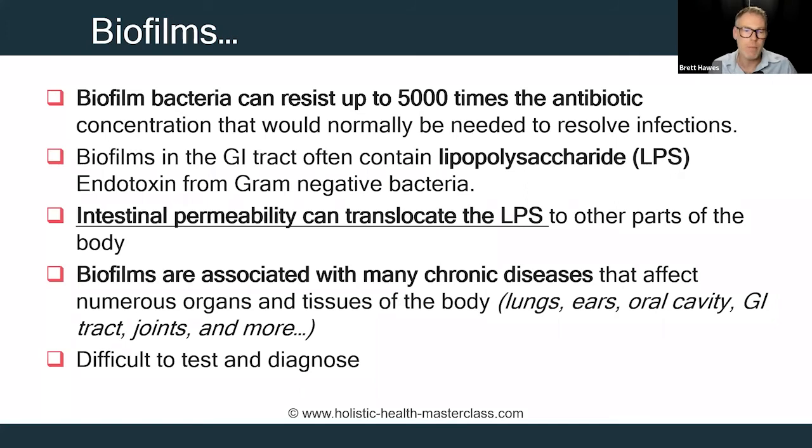Okay, very, very important. So once that LPS lands up in the joints or the brain or anywhere else, it's going to elicit a very, very powerful inflammatory response. And that's why you can see biofilms are associated with many chronic diseases that affect numerous organs and tissues throughout the body. They are very, very difficult to test and to diagnose. And this is even from the medical side of things.